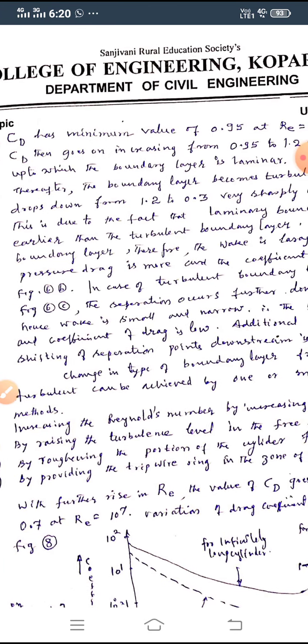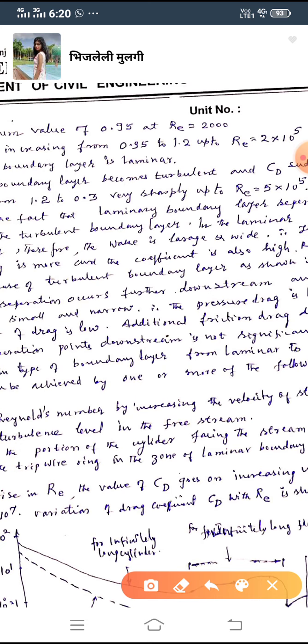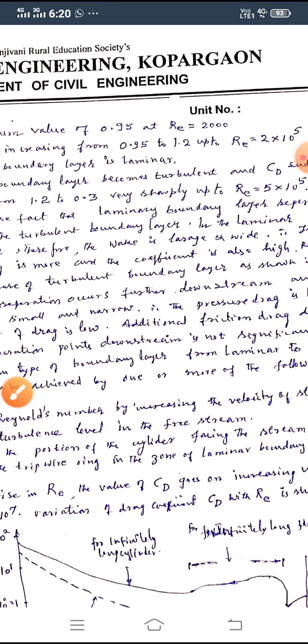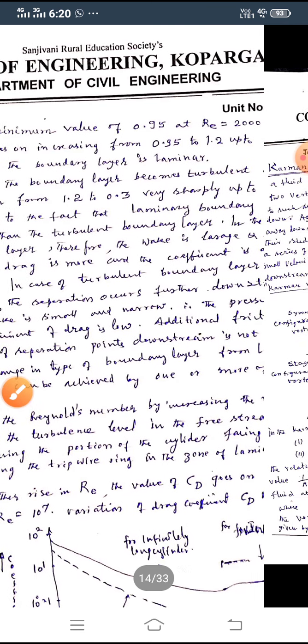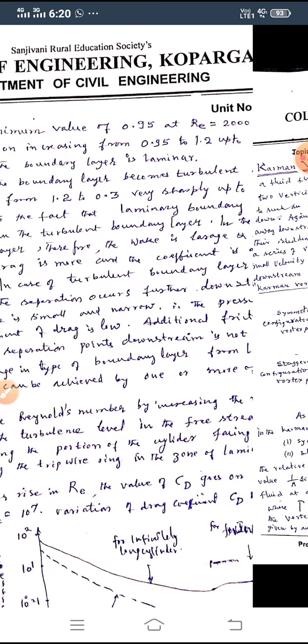Next, third point, CD has a maximum value of 0.95 at Re equal to 2000, whereas this value is ranging from 0.95 to 1.2.